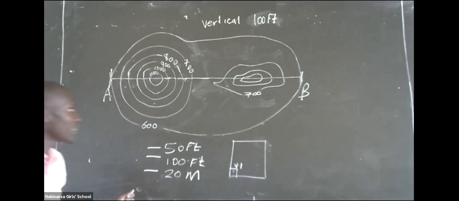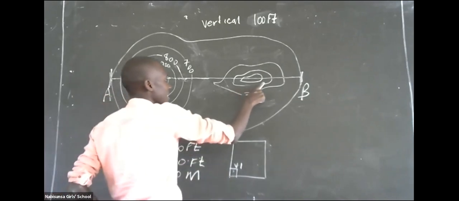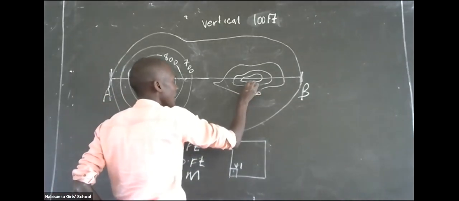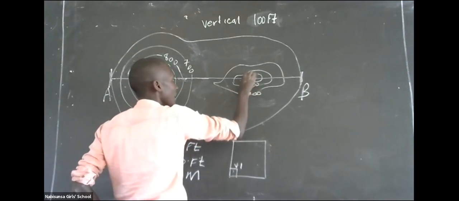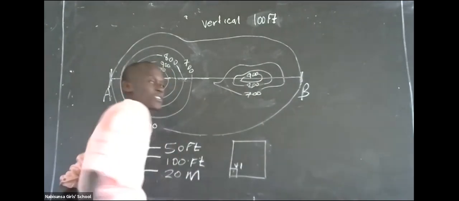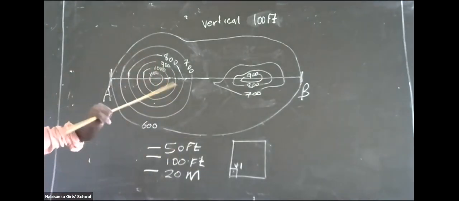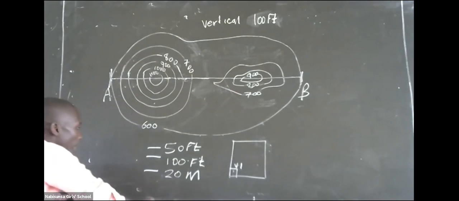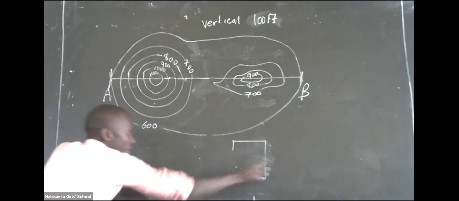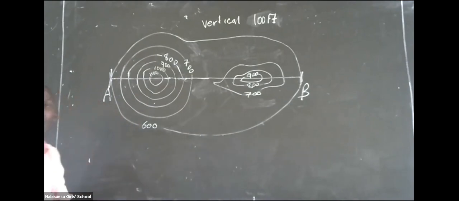Now, after getting this one, automatically this answer is going to be what? 800. Then this one is going to be 900. Are you seeing that we have used only one number to fill in the other numbers? Yes. That's the knowledge. You ask before you proceed.